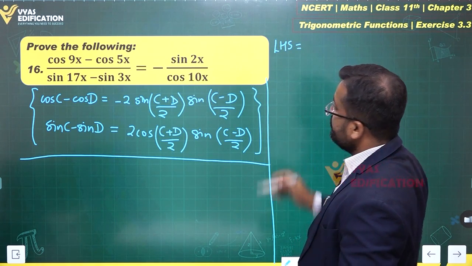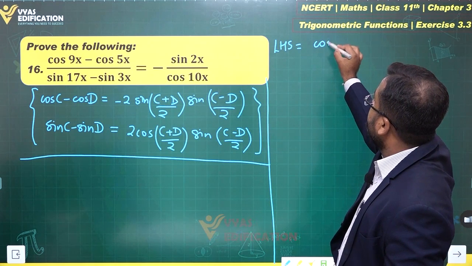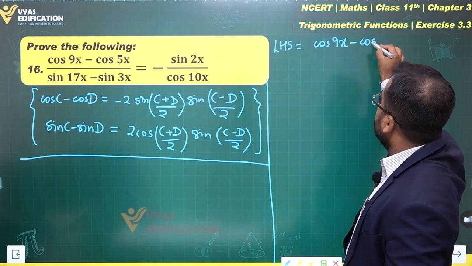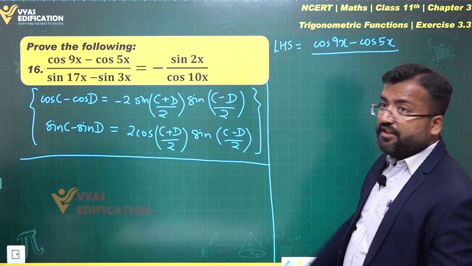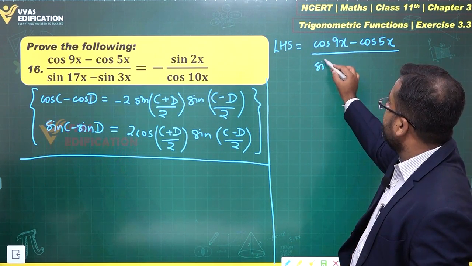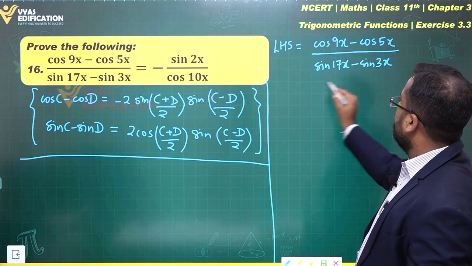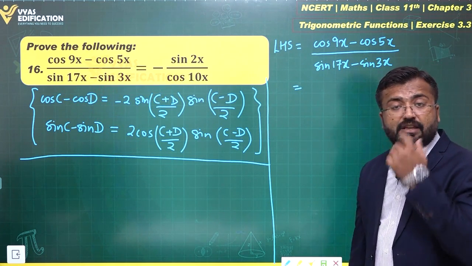In the LHS, you have cos 9x minus cos 5x in the numerator, and in the denominator, you have sin 17x minus sin 3x. Let's note the question from the LHS.